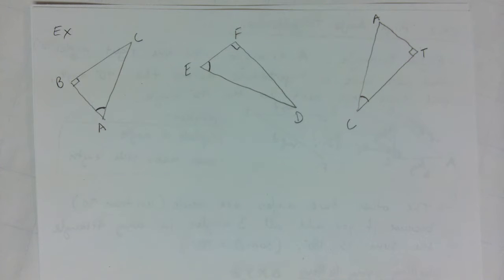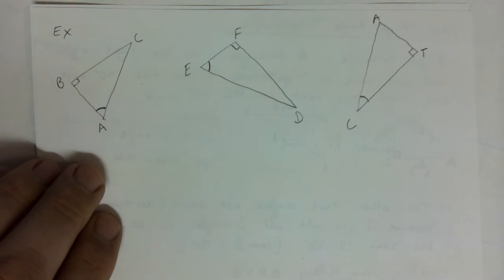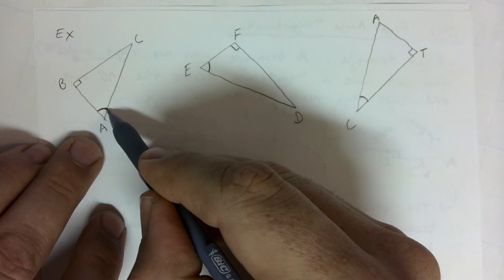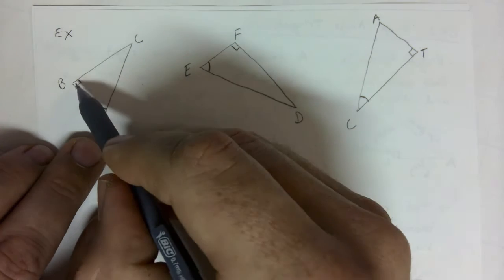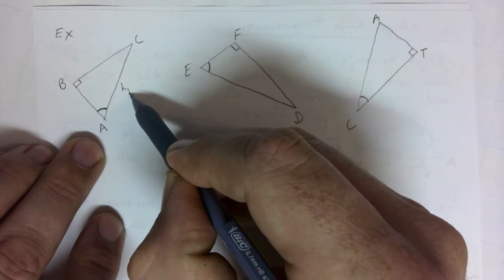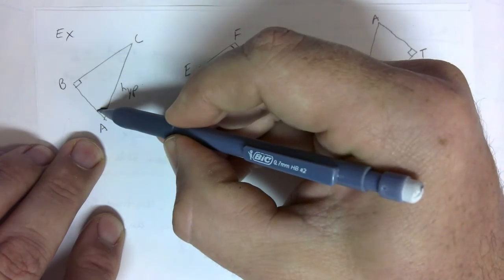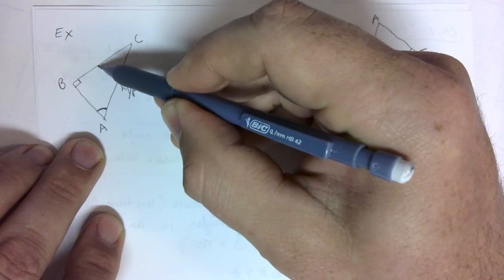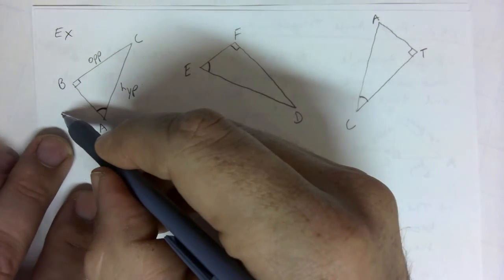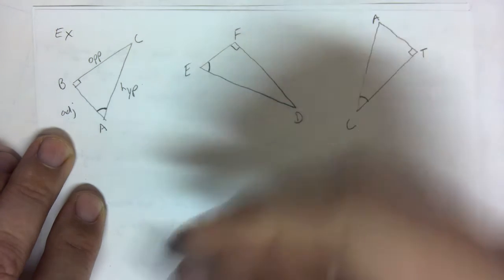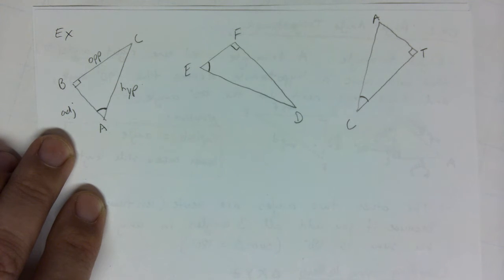Right? That's the order that I would do it in. So based on this angle, let's label our hypotenuse. This is the hypotenuse. Because this is the reference angle, I travel across and I call this side the opposite side. And this must be the adjacent, right? That's why the adjacent is the easiest to label if you've done everything else correctly.